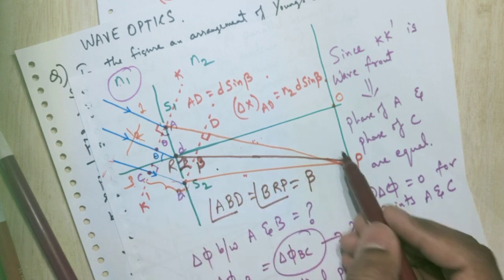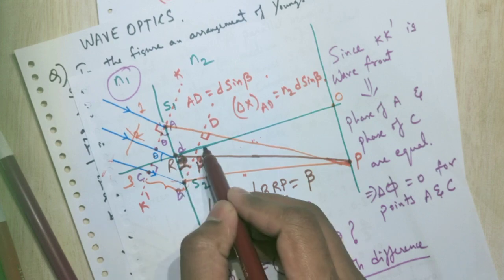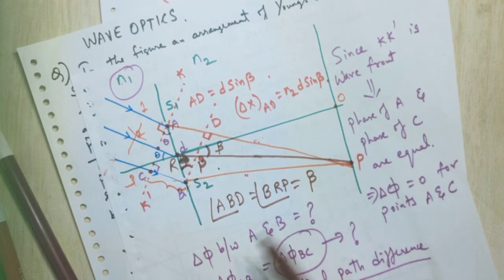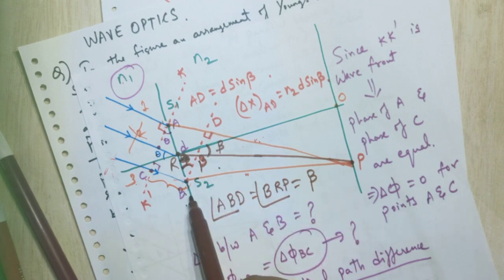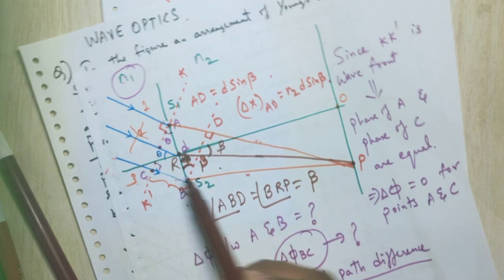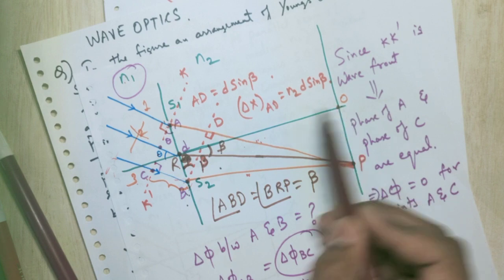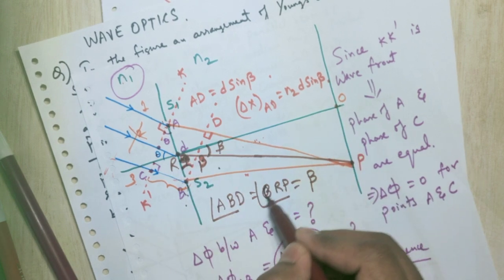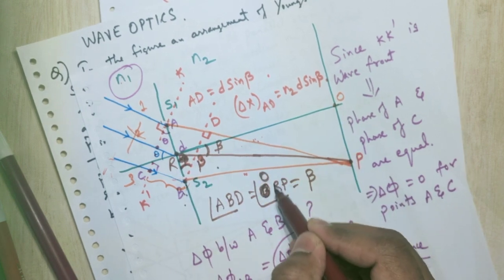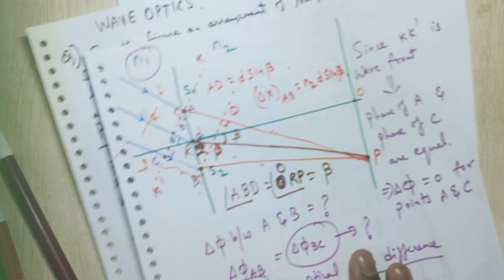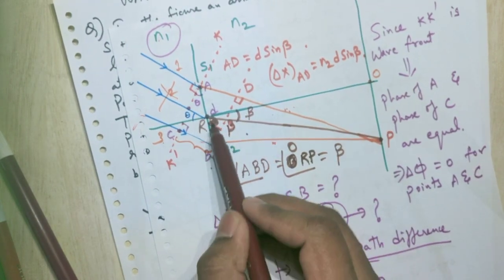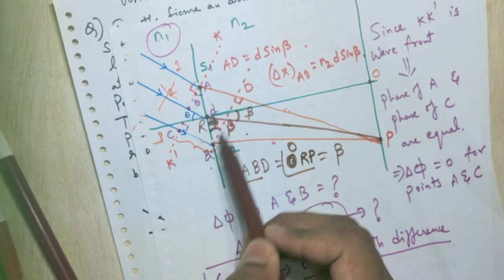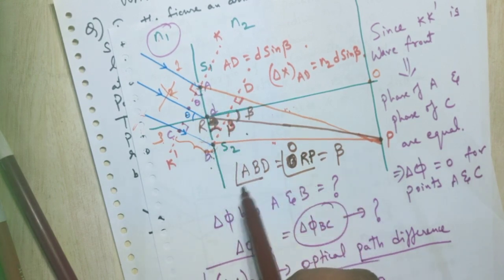I'm sorry, there is a small mistake. I meant this beta. Angle ABP is equal to angle ORP. I should have written ORP. I'm sorry for this mistake. Once again, I'm saying this angle ABD is beta.